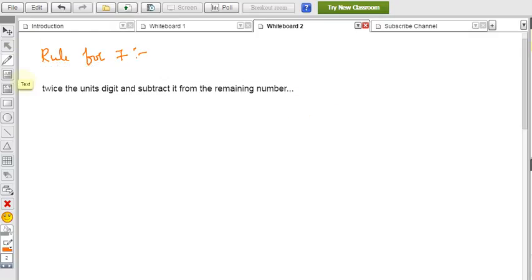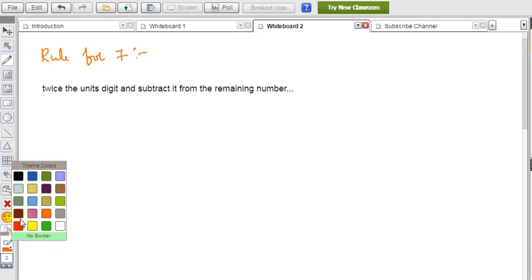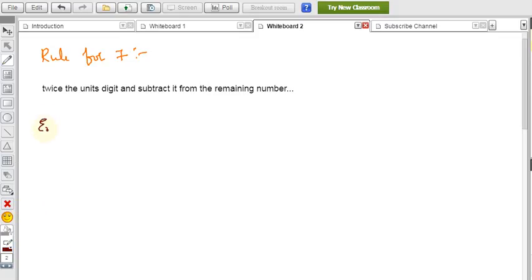So if any number is given, for example, I'm taking 117649. I have to check whether this number is divisible by 7 or not.